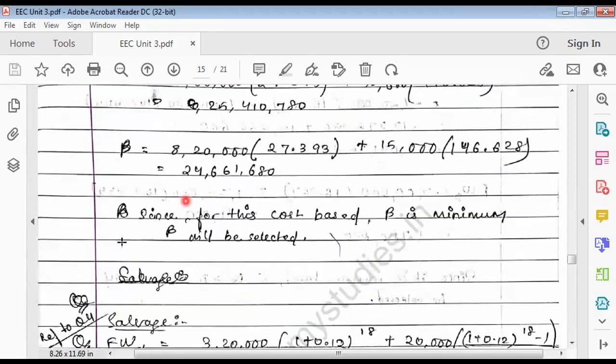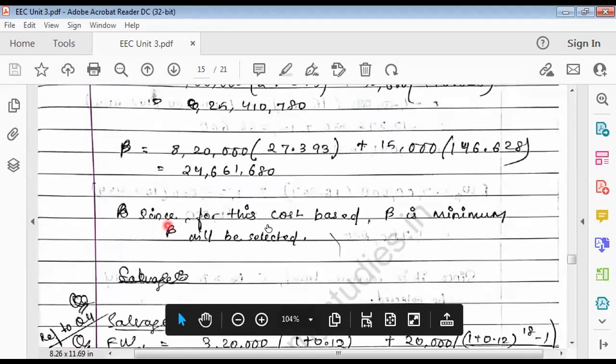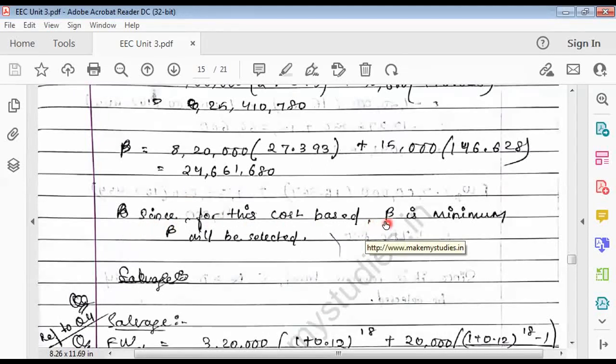So accordingly, the conclusion: since for this cost-based case, again, do not write beta, write FW beta. Since FW beta is minimum, beta will be selected or beta will be purchased, because this is a cost-based question.